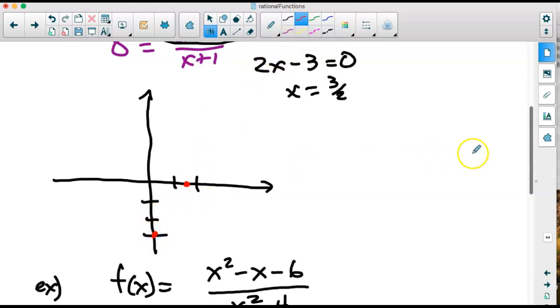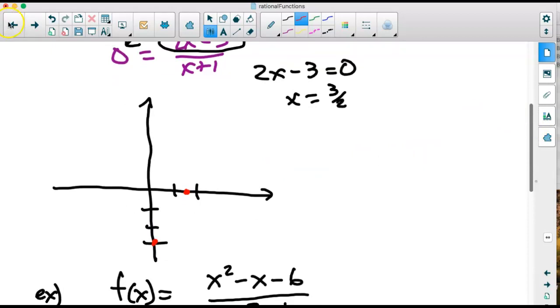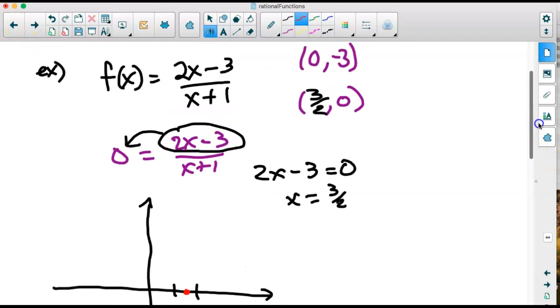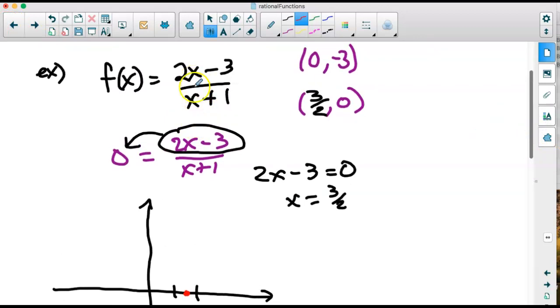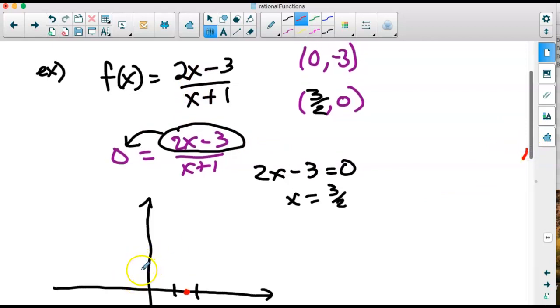We know that it has 2 asymptotes. I can tell you the asymptotes by looking at this. The horizontal asymptote is going to be at 2, so we have this asymptote going across here at 2.